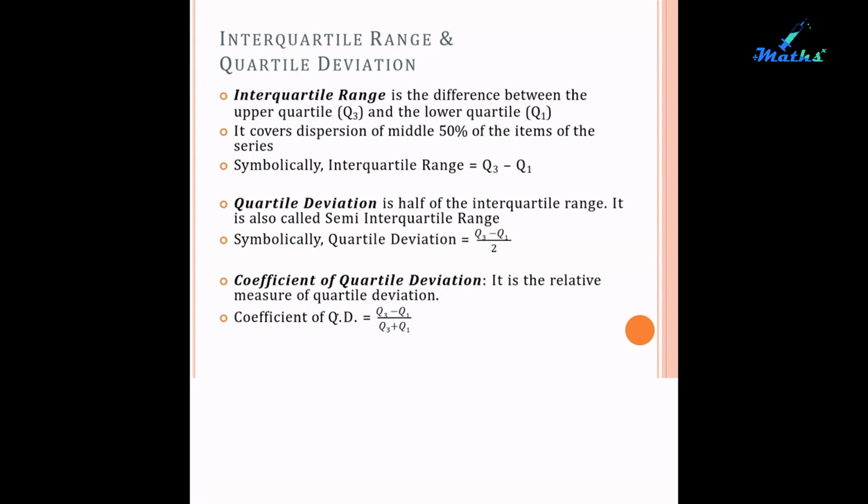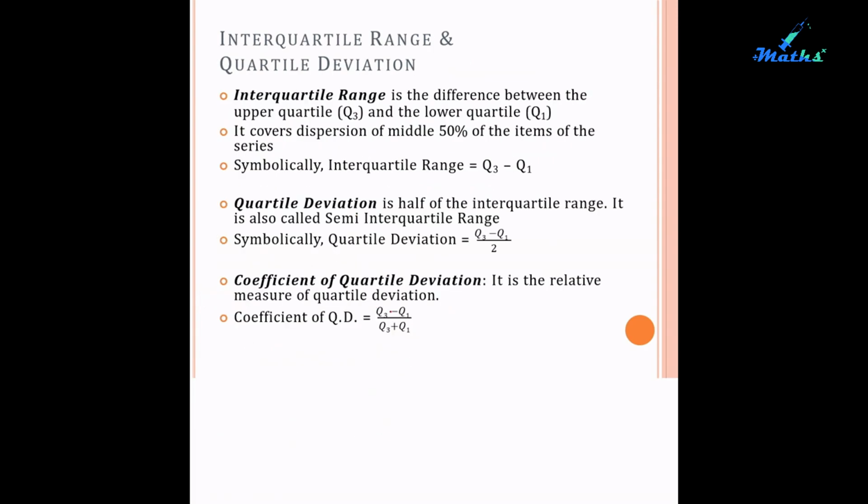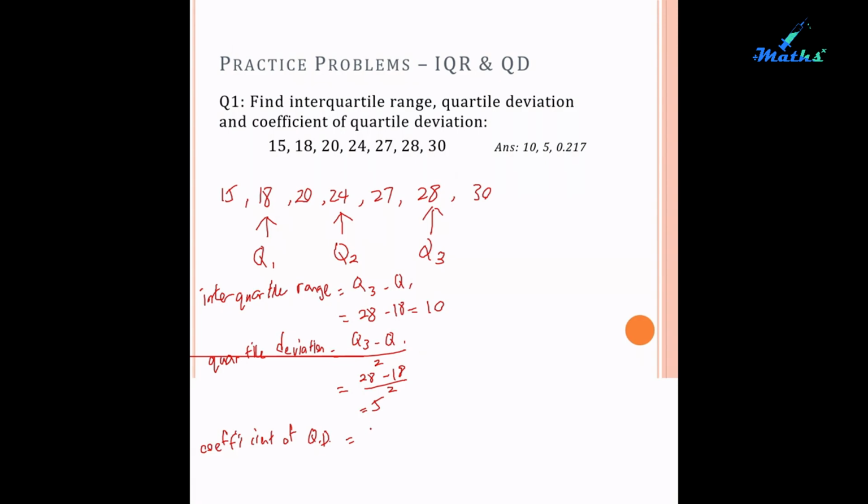And the last, we need to find the coefficient of quartile deviation, right? The coefficient of quartile deviation is equal to Q3 minus Q1 divided by Q3 plus Q1. So it is equal to 28 minus 18 divided by 28 plus 18.